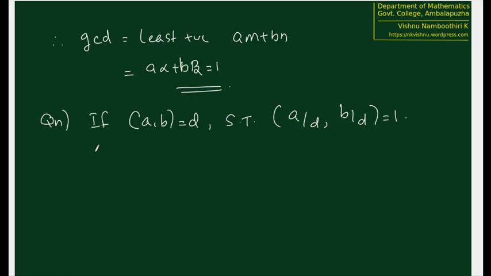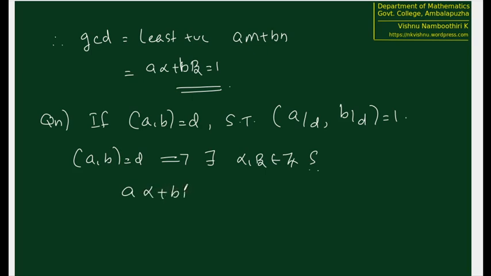Now, GCD of A, B is equal to D implies there exist integers alpha, beta, by Bezout identity, such that A alpha plus B beta equals D.